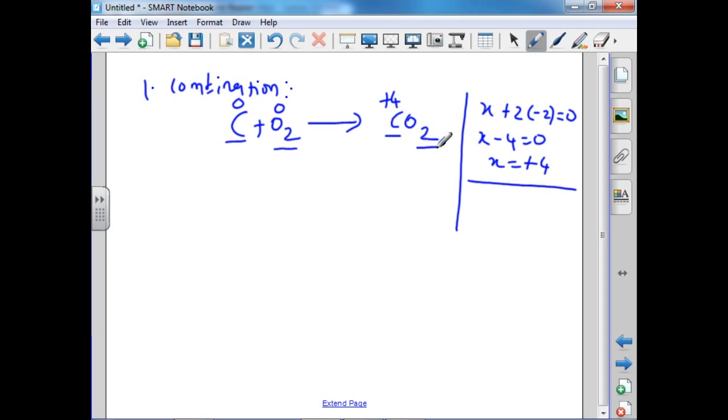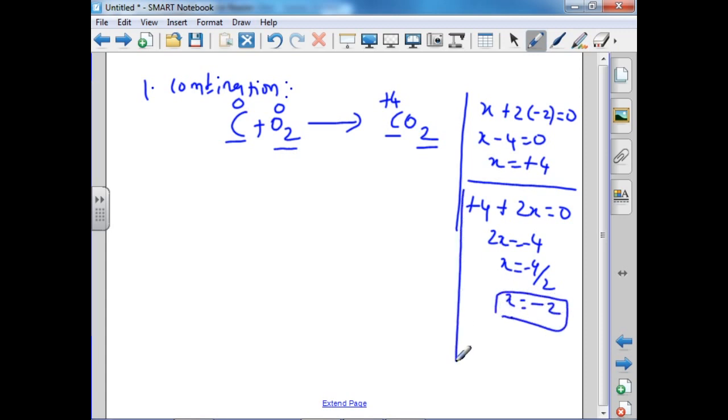Next, calculate the oxidation number of oxygen in carbon dioxide. So plus 4 plus 2 into x equal to 0, 2x equal to minus 4, x equal to 4 divided by 2, x equal to minus 2. So the oxidation number of oxygen in carbon dioxide is minus 2.